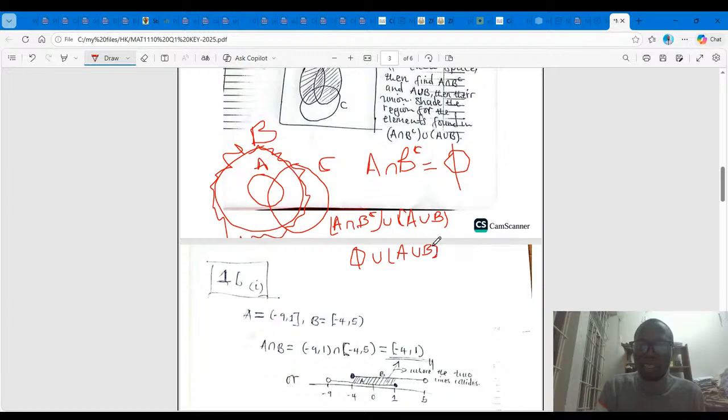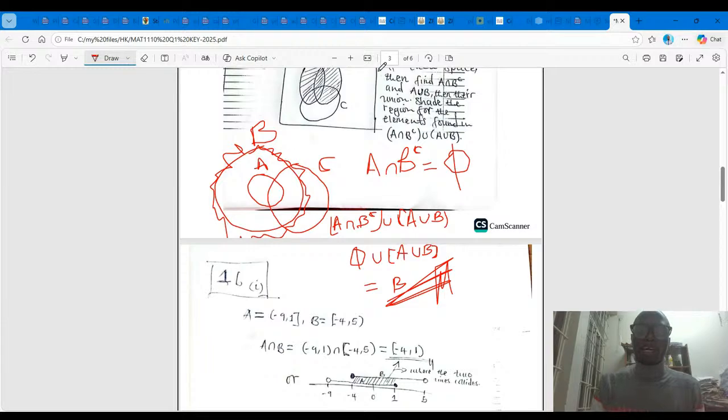Now see that A union B is just equal to B because A is in B. I think my answer was not nice there.